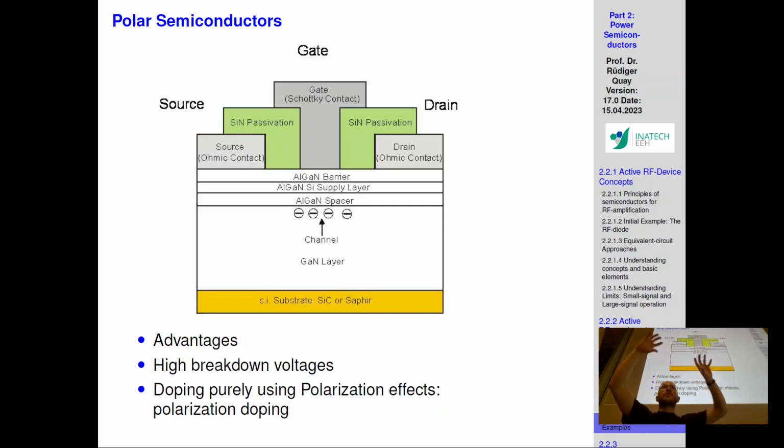This polarization causes certain orientations of the carriers, and in between these two layers a channel occurs, a channel which allows the fast transfer of carriers.